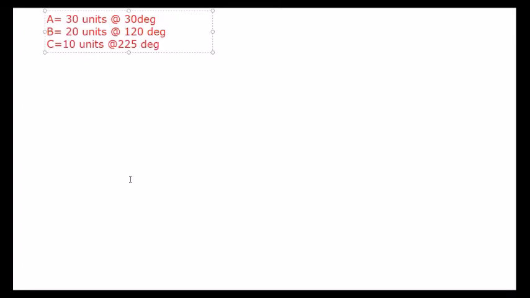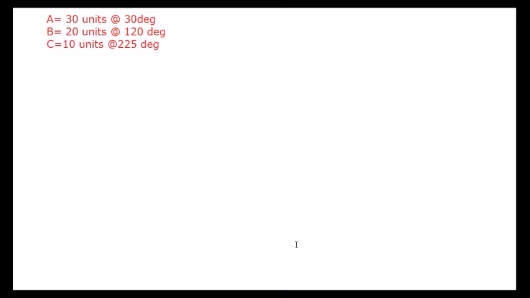Our vector A is how much? 30 units, sir. So this is 30 units, and it goes at 30 degrees, sir. I'm wondering how we came up with these directions.